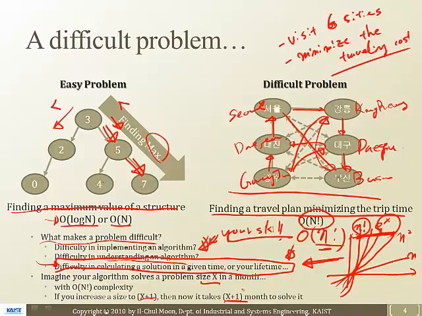So this genetic algorithm is designed to solve these types of difficult problems, right? For easy problems, there are a bunch of solutions that we can apply, but for these difficult problems, we do have a solution to it, okay? And that is called the genetic algorithm. But because it's a difficult problem, there is a certain limitation to that solution.